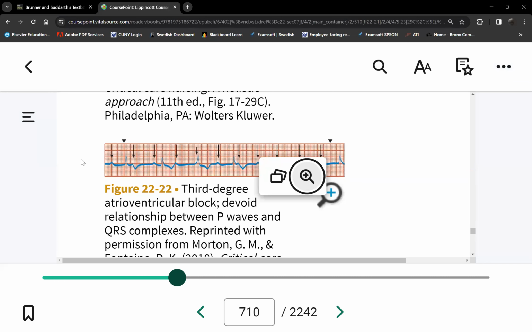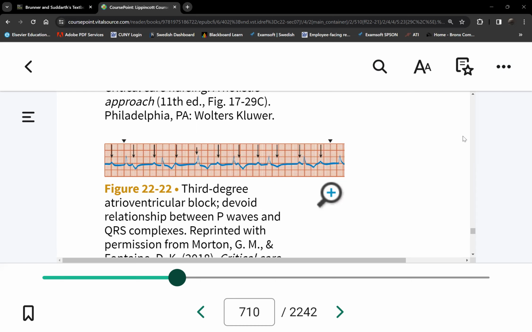Is that clear? Okay. So definitely, since the SA node and the AV node are firing, why is the AV node firing its own impulse? Because it's not receiving any from the SA node. But does the SA node know that? No. The SA node's firing.